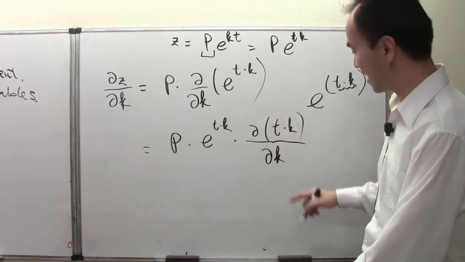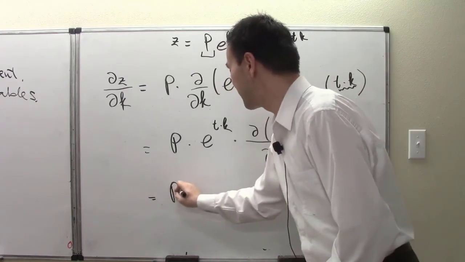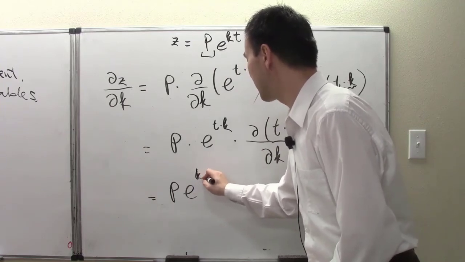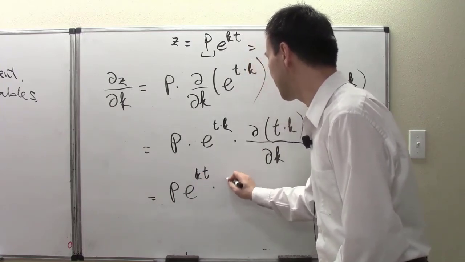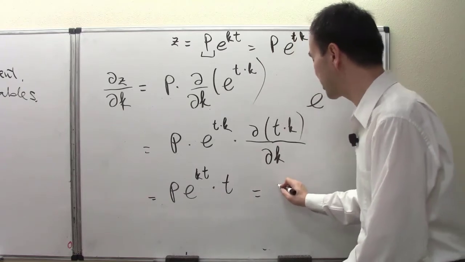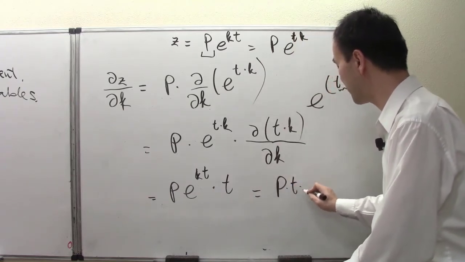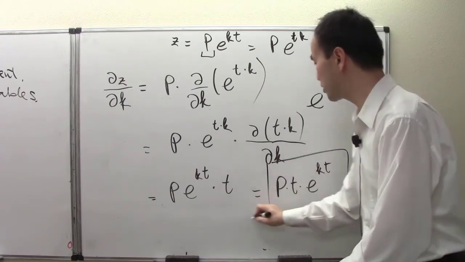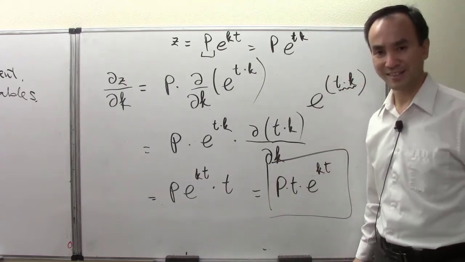And that's why now finally in my next step, p times e to the kt, but times t right here. So making it shorter, p times t, all coefficients stand in front, times e to the kt. That's our partial derivative. Okay, that's how we're doing it.